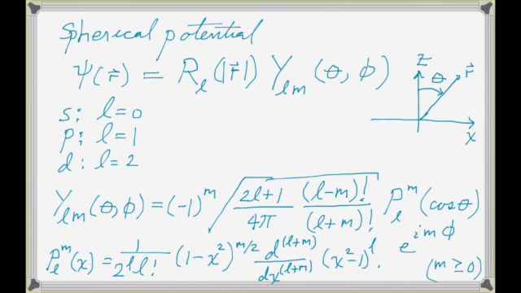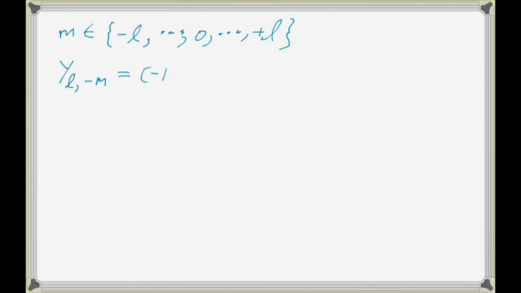But all we need to know is what these things are for L equals 0 and L equals 1, and also the range of M. So M ranges from minus L to L. So M is an element of minus L to 0 to plus L. And I guess one other thing is that Y_L,-M is equal to (-1)^M Y_LM star.